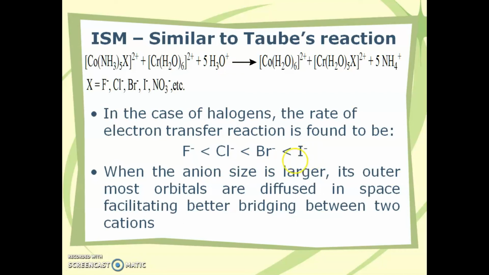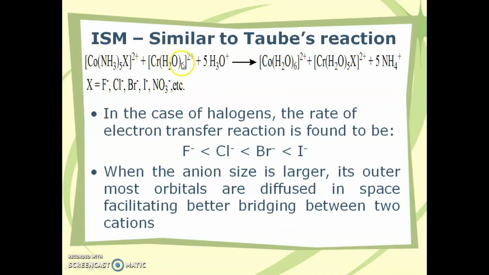This is because when the anion size is larger, its outermost orbitals are diffused in space, facilitating better bridging between the two cations. So iodide acts as a good bridging ligand. That is why there is an easy transfer of electron from cobalt complex to chromium complex.